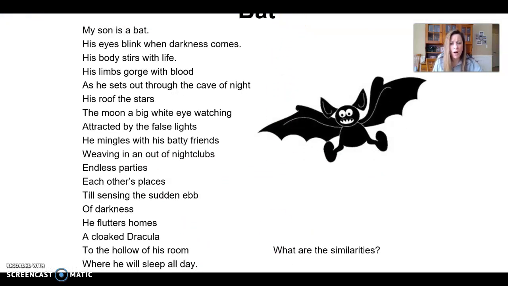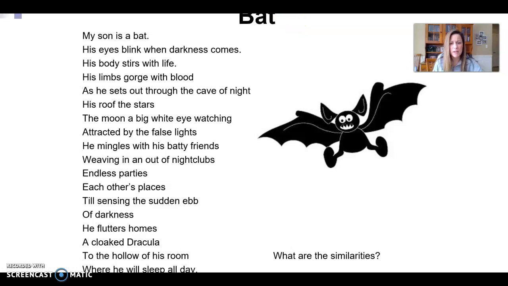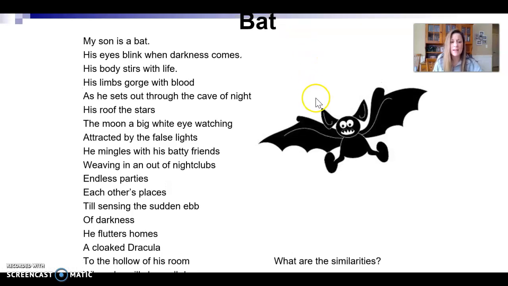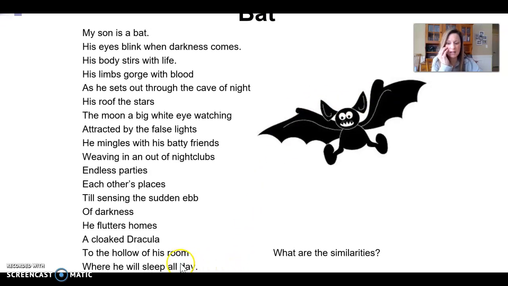So what are the similarities here between her son and this bat? Well, if you look here, it says that he sleeps all day. So we know bats sleep all day, right? And it looks as though he does most of his activity at night.